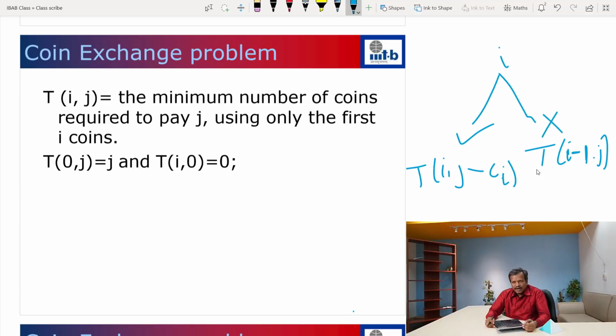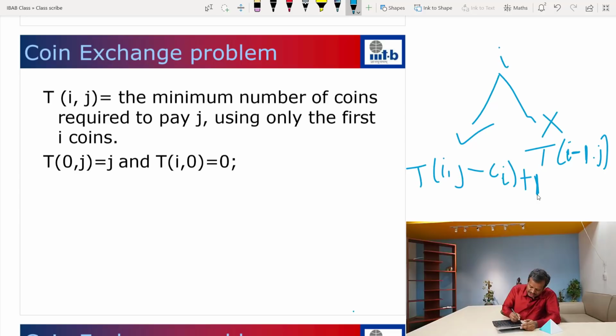If I use the ith coin, then I can use the ith coin again in future iterations, but I have to pay for j minus c of i. And since I have used this one coin, the number of coins that I will be using is T of this plus 1. And if I am not using the ith coin, then in future iterations I will not be using the ith coin. So, I will have to pay for the entire j using the first i minus 1 coins.